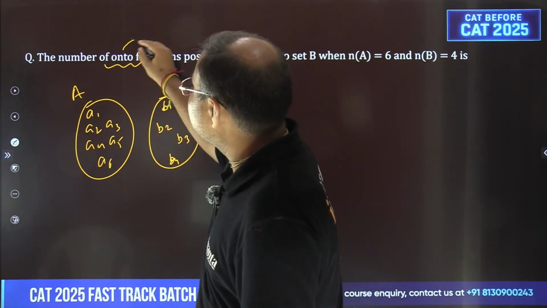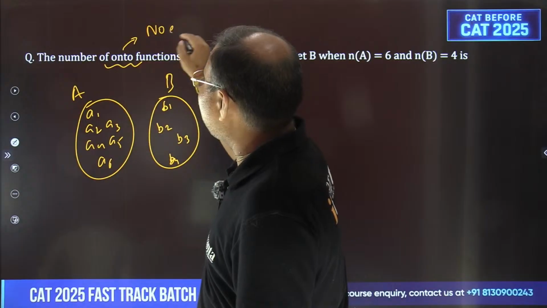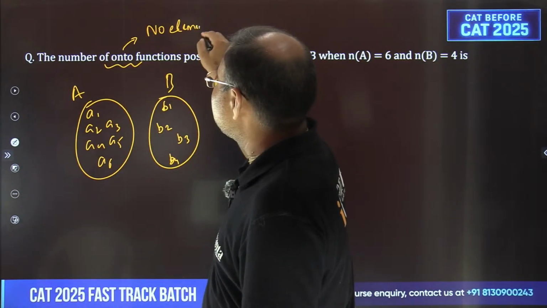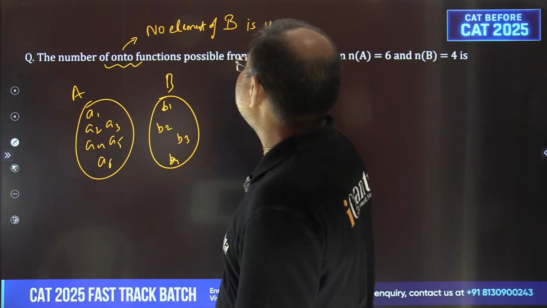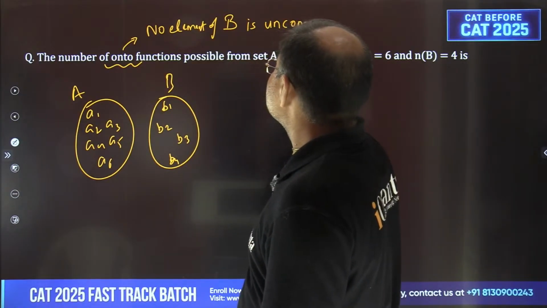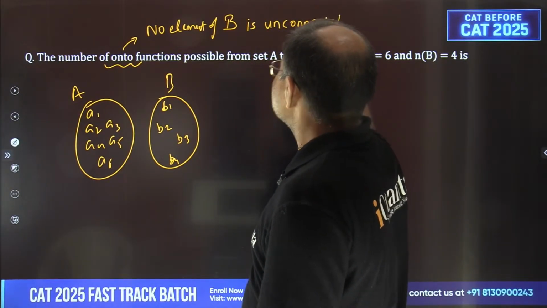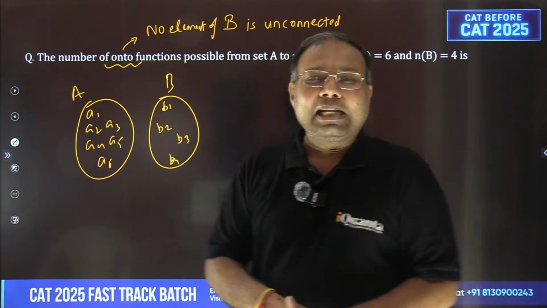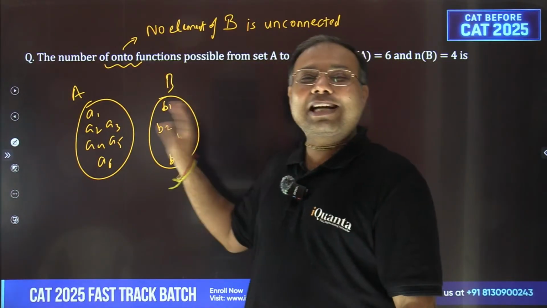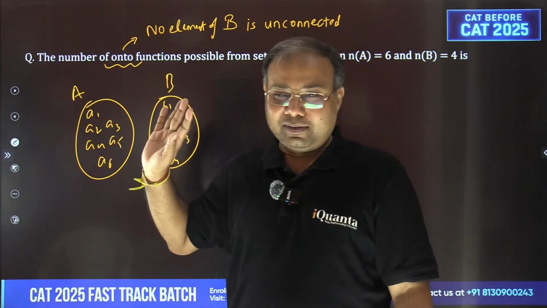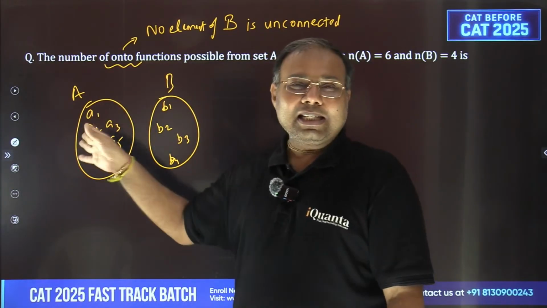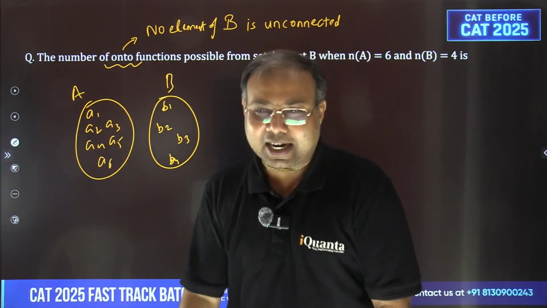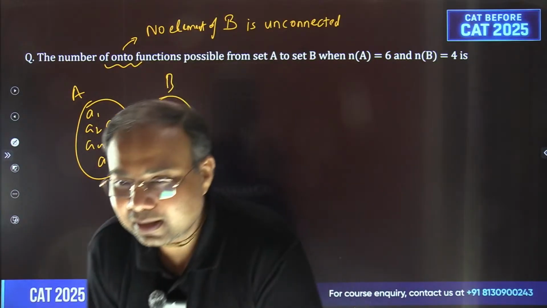Onto function means no element of set B is unconnected. और सीधी भाषा में बात करें तो every element of set B is connected, right? Every element of set B is having certain connection in set A. That's it. Fine. Okay.